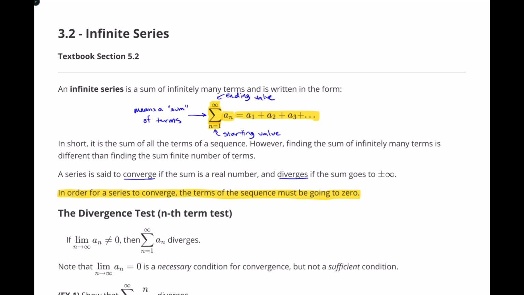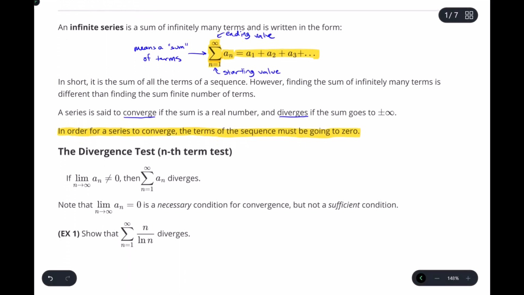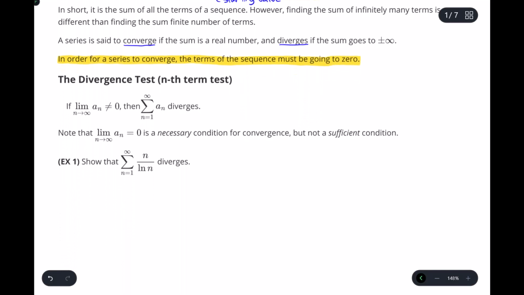But if the values of the sequence are going to 0, you're adding a lesser and lesser and lesser amount, which might actually have a chance at convergence. And that concept is wrapped up in a rule that's called the divergence test. Sometimes it's also referred to as the nth term test, but I think the divergence test is a good name for it.